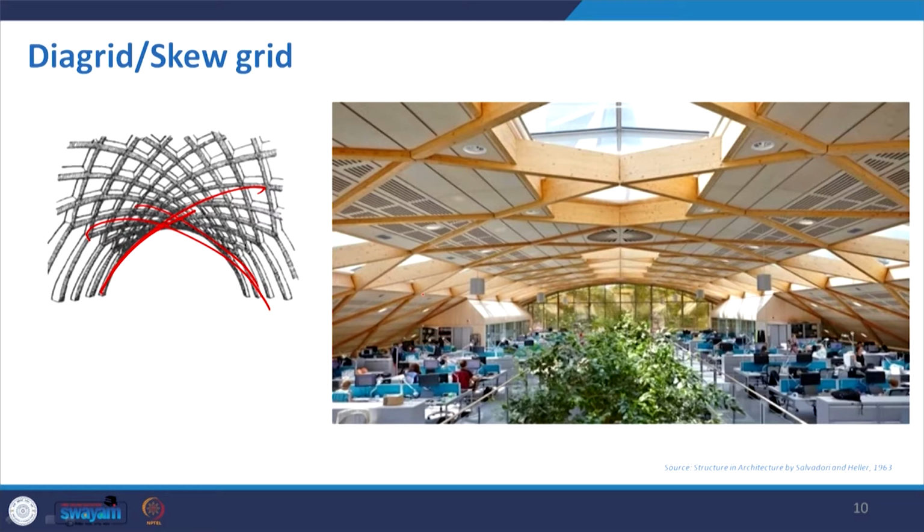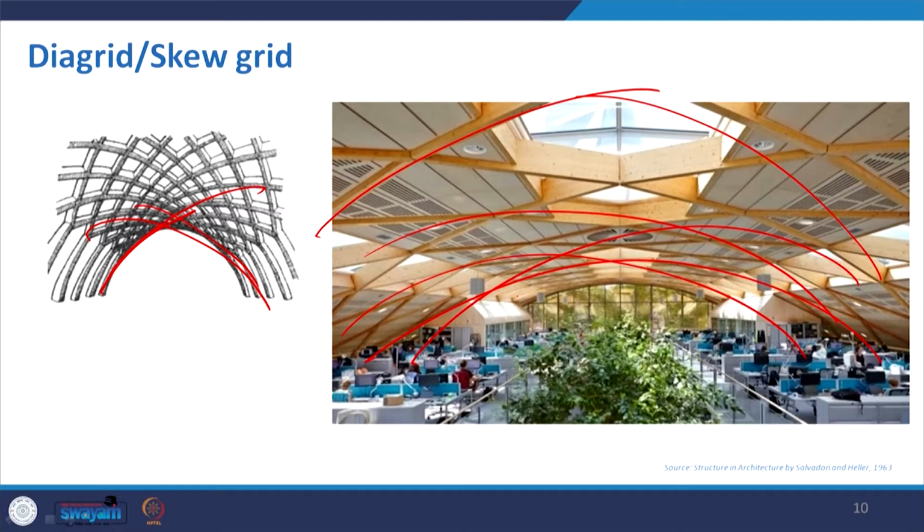So, it is not very straight. Each will have some crossing nature, and that is forming this particular grid. Again it is being used for a public space, like this office area where you can see the cubicles and all. So, this roof is being created.